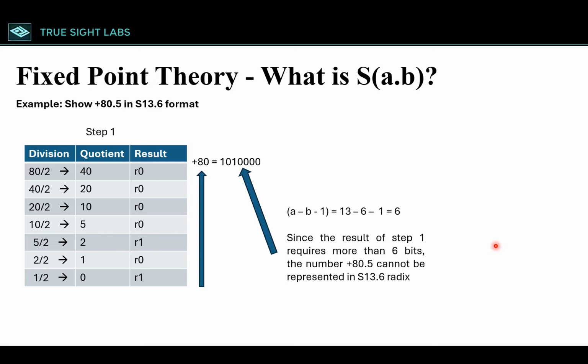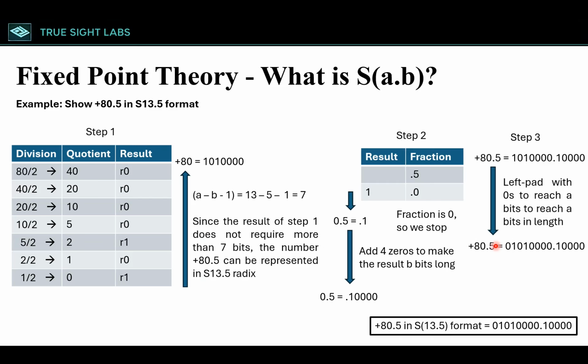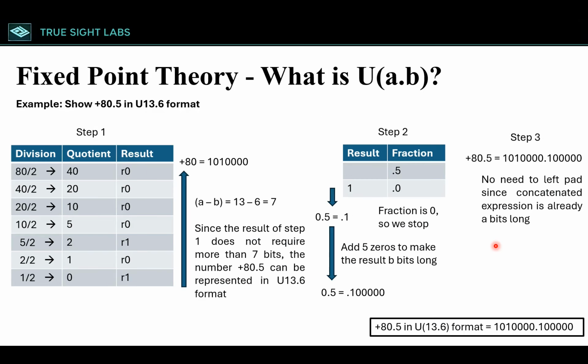From these 3 examples, we see how 80.5 can't be represented in that format. But then we show that if you use a slightly different radix system with 5 bits of fraction, it's doable. Then here we show how the same number would be represented in the unsigned format.